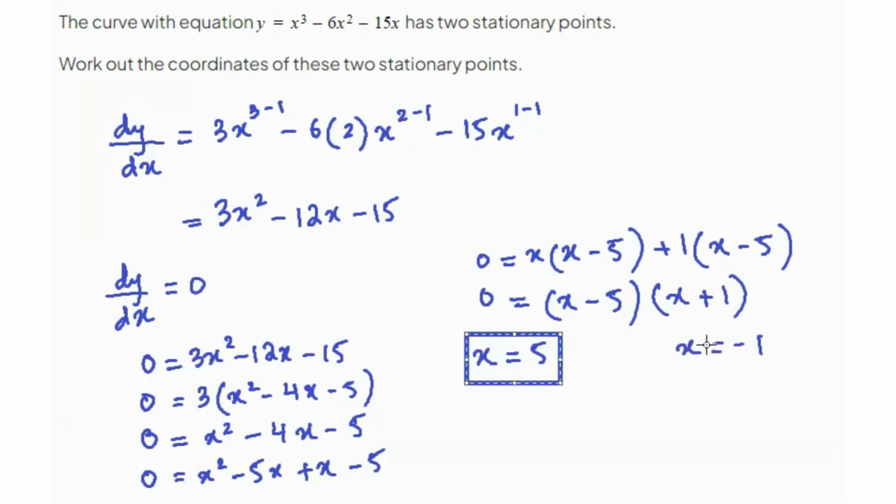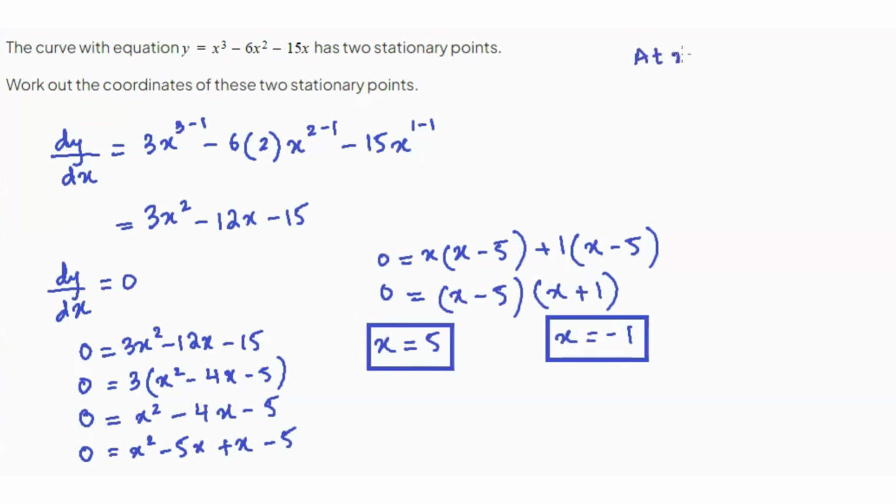So now as you see in the question, it said coordinates of the stationary point. So now we have to find the corresponding y values. In order to find the corresponding y values, we will plug the values of x in the original equation.